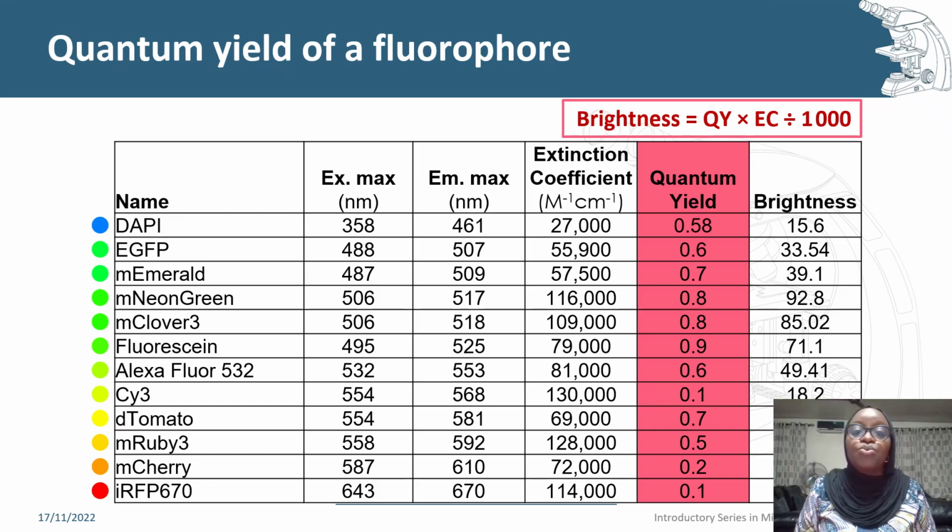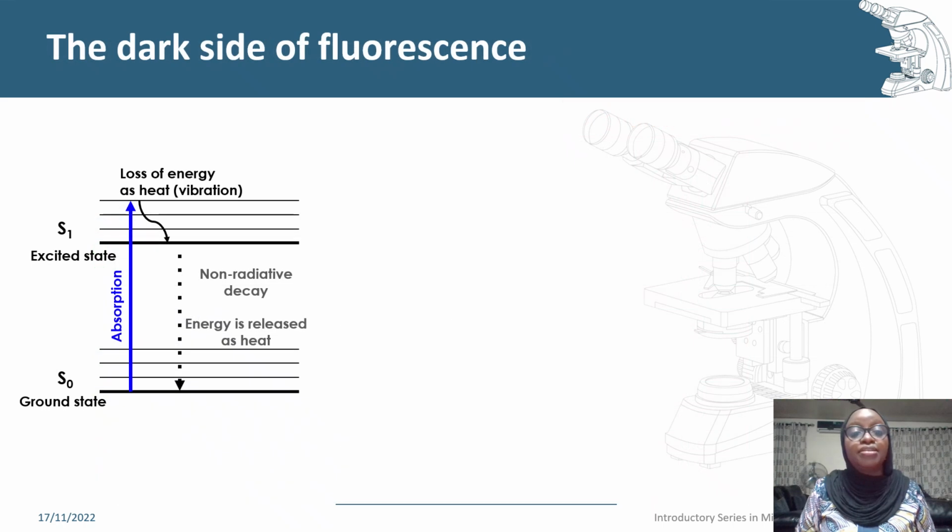What happens when an absorbed photon does not result in fluorescence? If the quantum yield is not 1, photons are lost along the way. Some are lost as heat, and that takes us to the dark side of fluorescence.